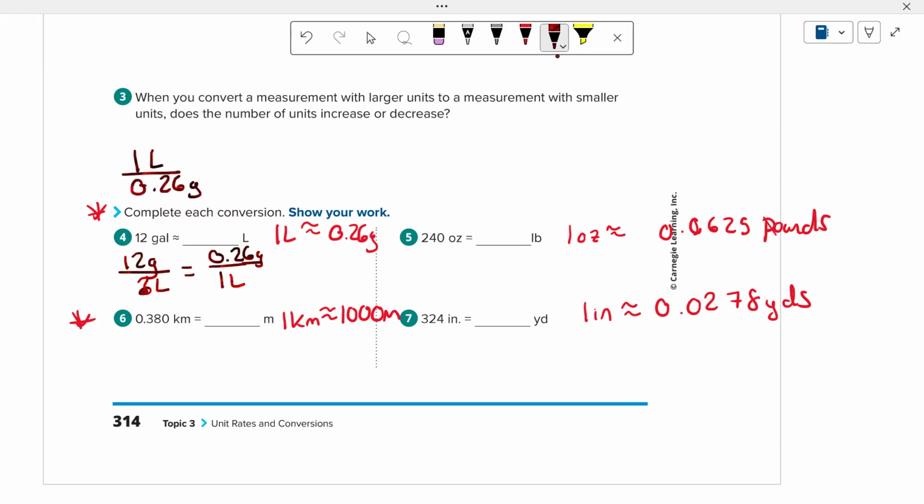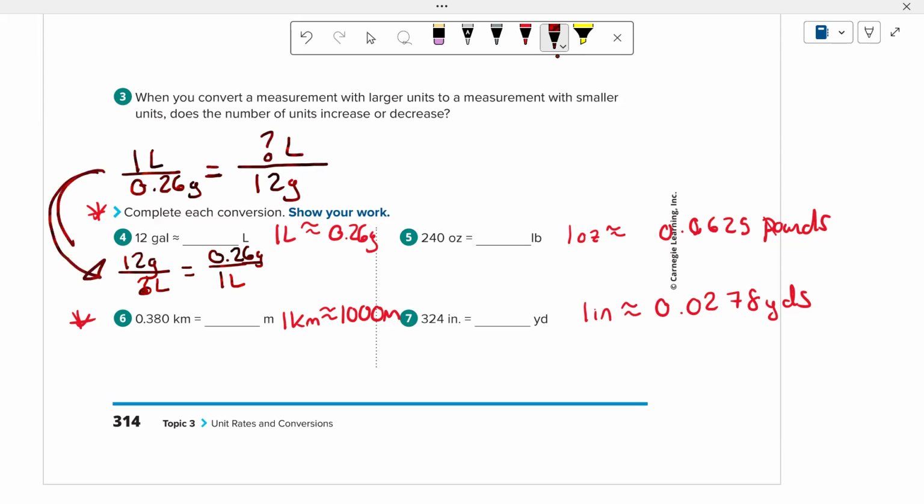It actually doesn't matter. Just make sure, since you're setting up a ratio, that gallons are on the denominator, because we're not doing the unit analysis way. That way, if you cross multiply, everything cancels out correctly. You could set it up that way or this way. It doesn't matter as long as the numerators and denominators line up.